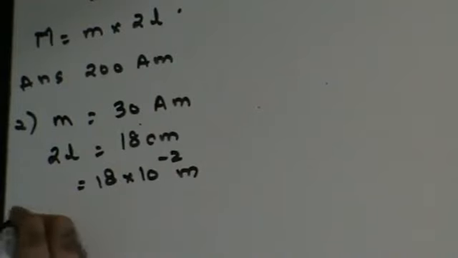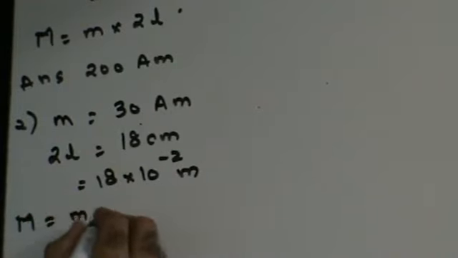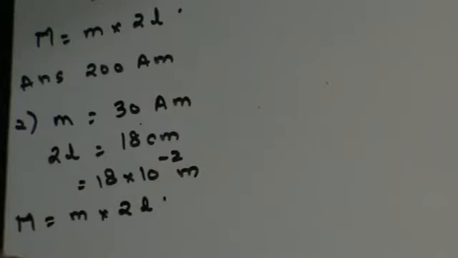Now magnetic dipole moment is pole strength into magnetic length. Again straightforward multiplication. Answer for this sum should be 5.4 ampere meter square.